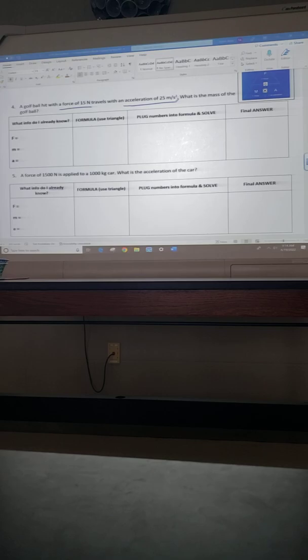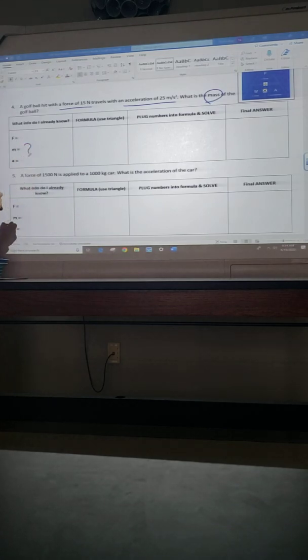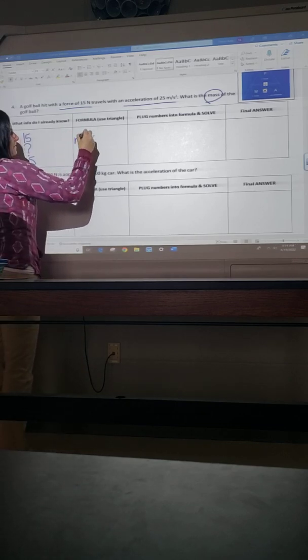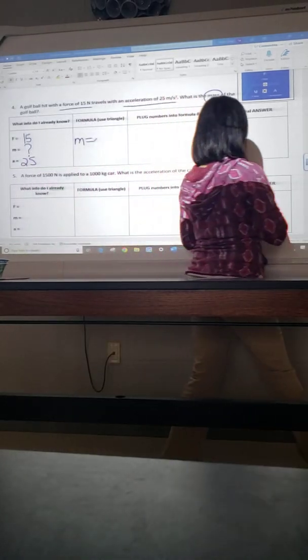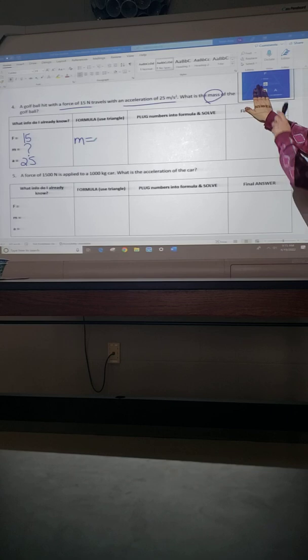And then what are we gonna solve for here, Michaela? Okay, so I'm gonna put my question mark for my mass, fill in my force, which is 15, and my acceleration, which is 25. Okay, so now I'm solving for mass. So I do need to go over to my triangle, right? If I have mass covered up, what's it tell me my equation's gonna be?